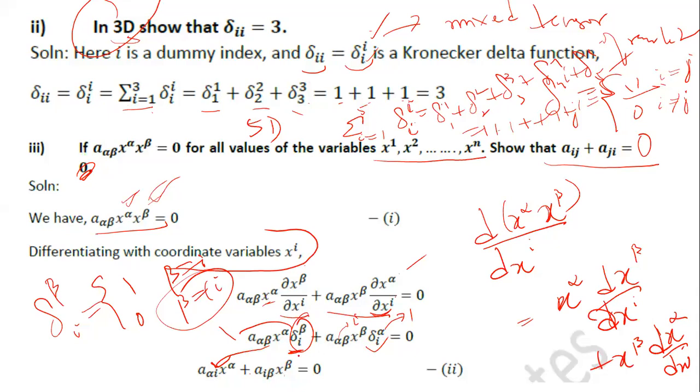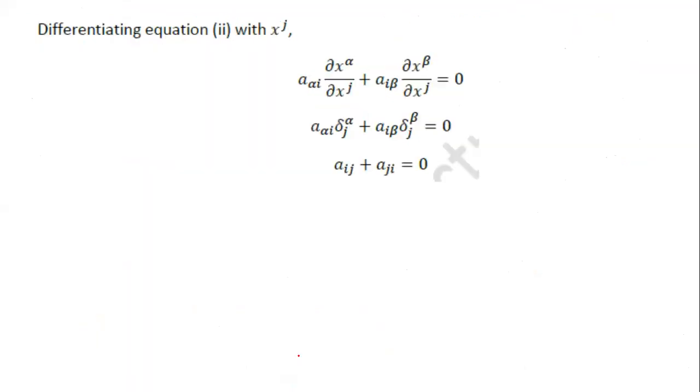All right. Now differentiating again with xj. If you differentiate with xj, you have this term, you have this term. Again, this is your Kronecker delta alpha j, Kronecker delta with indices beta and j here. And this quantity will be 1 when alpha is equal to j.